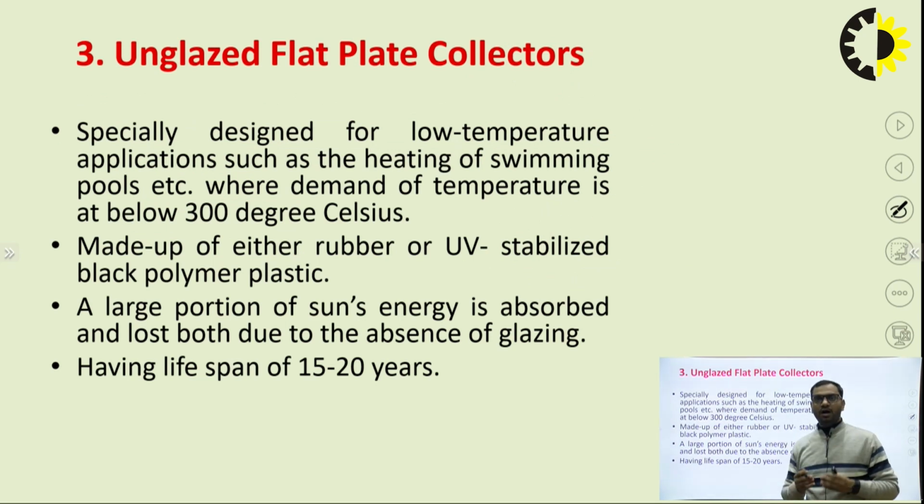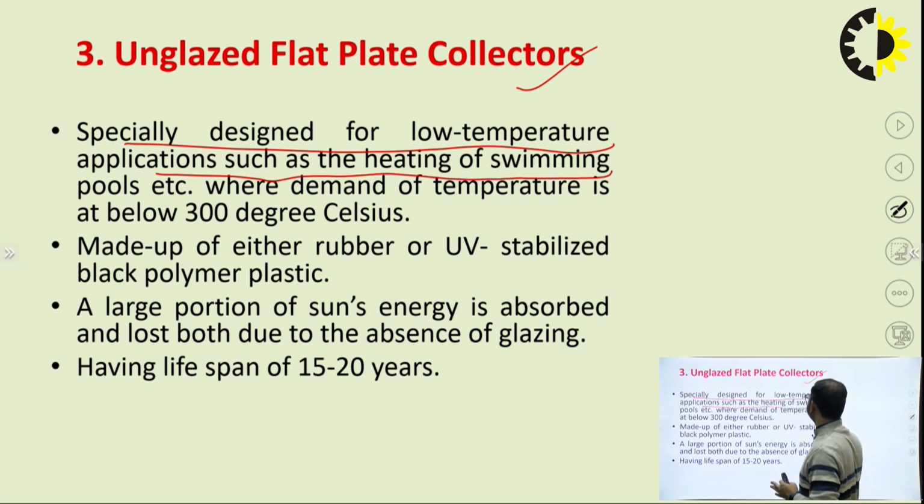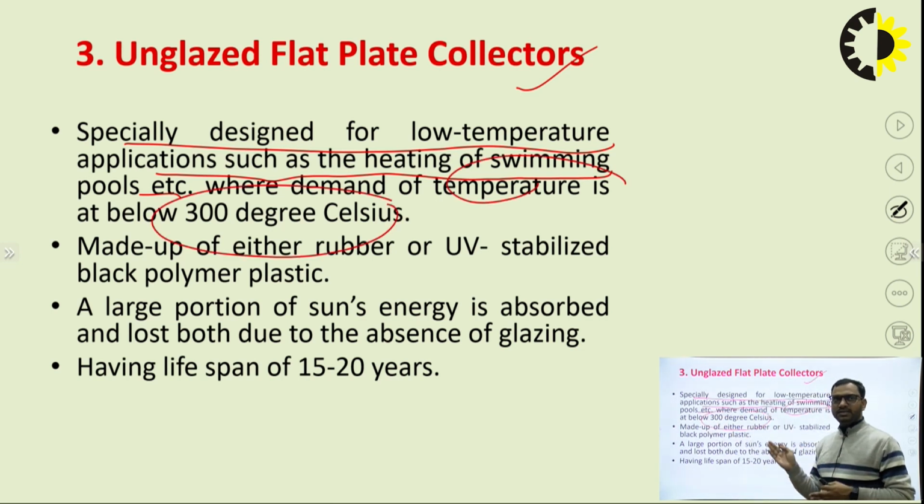Now, the third type of non-concentrating collectors are unglazed flat plate collectors. Here, basically these type of collectors are designed for low temperature applications such as the heating of swimming pool, etc., where demand of temperature is below 300 degrees Celsius. So, this type of collectors has been used for temperature below 300 degrees Celsius.